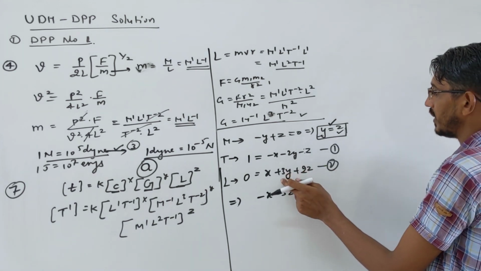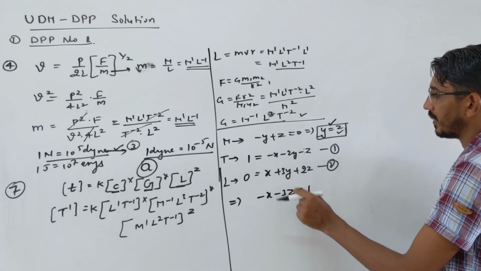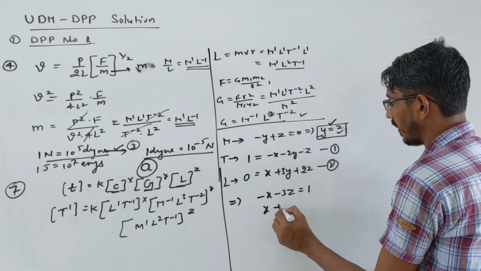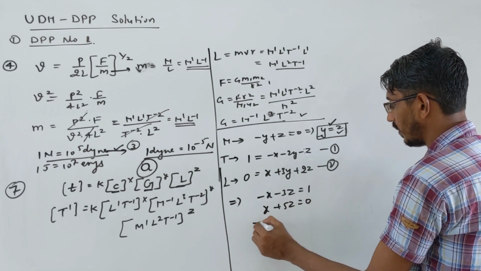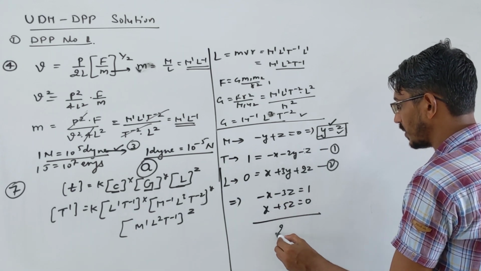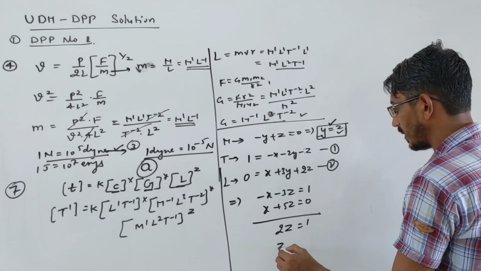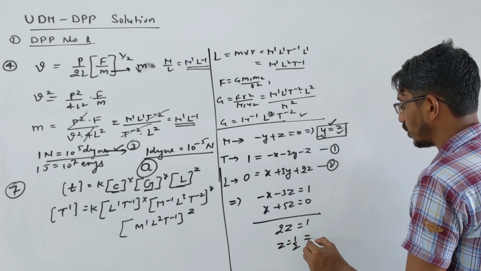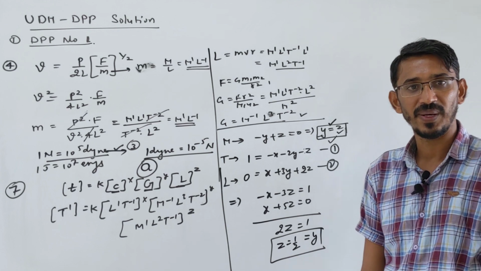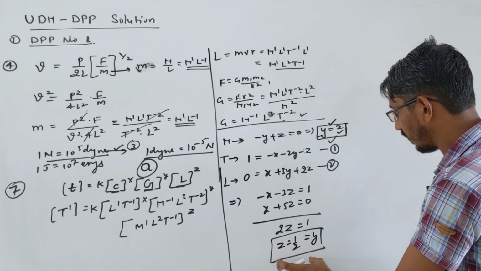Again putting y here as z in this case, it becomes 3z plus 2z, 5z. So x plus 5z is equal to 0. Let's solve them. You add them directly, x gets cancelled, you get 2z is equal to 1, z is equal to 1 by 2, and this should also be equal to y, because here it shows y and z are equal, right? Okay, 2 terms we have already found.